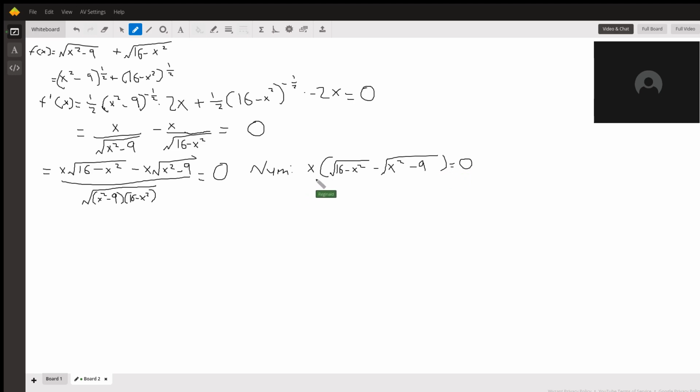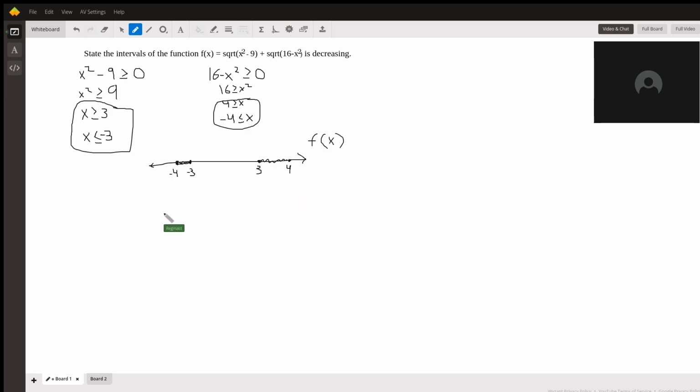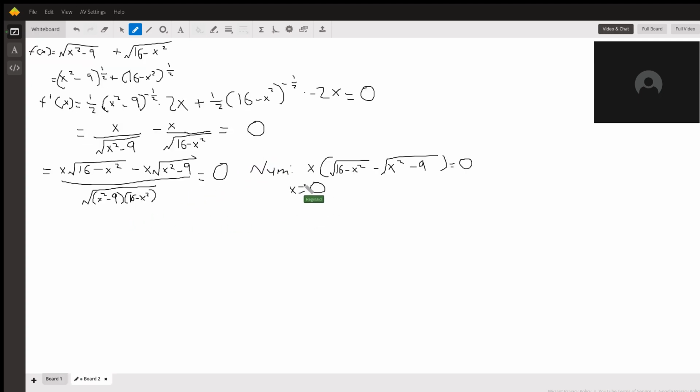Right, so right off the bat, this says that x is 0. But remember, it's not 0, right? Because it's not in the original function. So in this case, this is extraneous. So I'm just going to say extraneous.